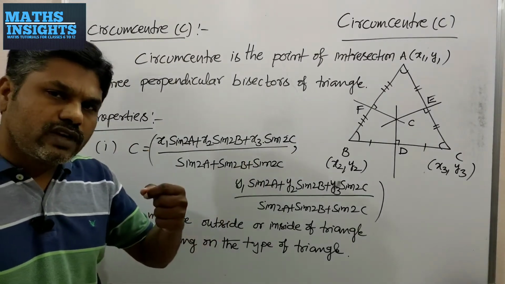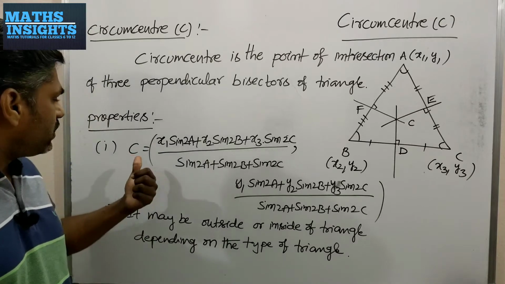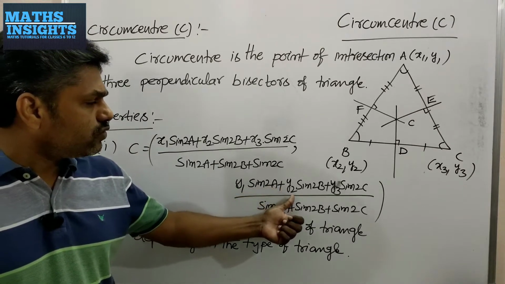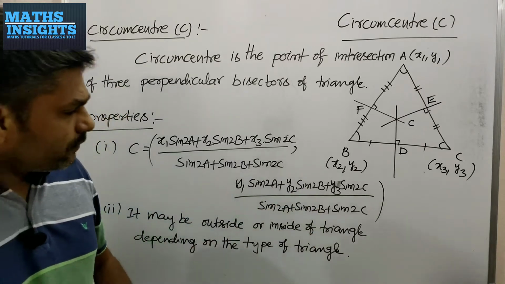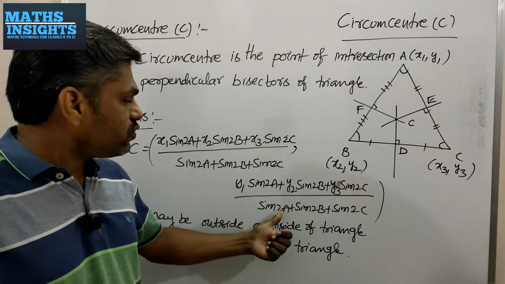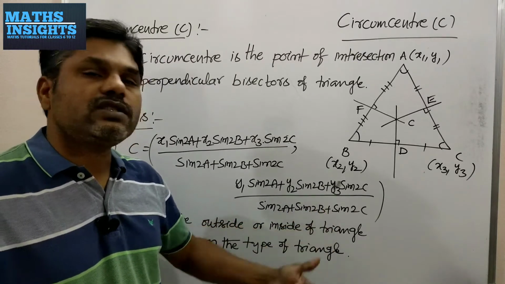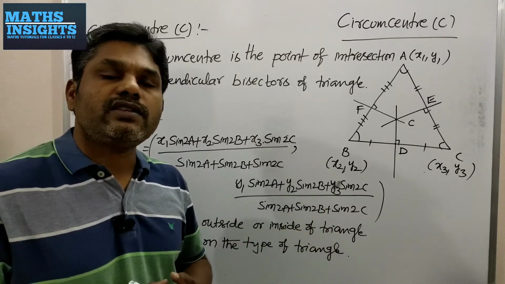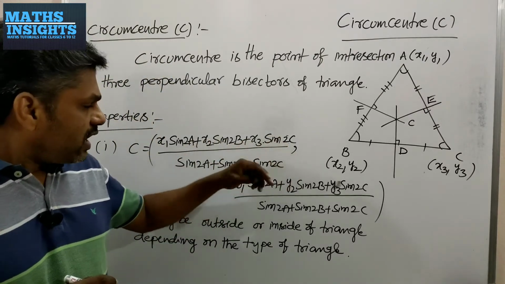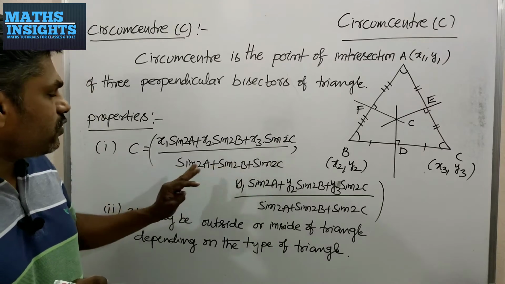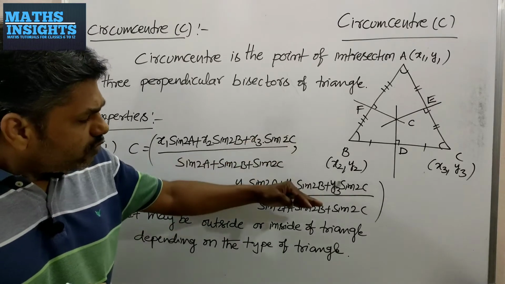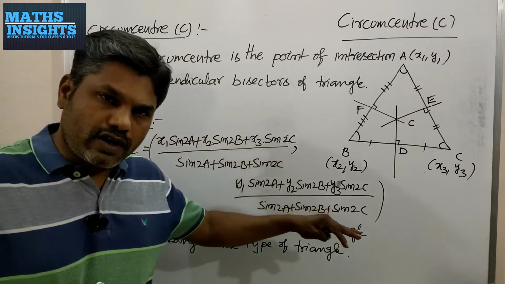Similarly, if you want the y coordinate of the circumcenter, it is y1 into sin 2a plus y2 into sin 2b plus y3 into sin 2c, divided by sin 2a plus sin 2b plus sin 2c. It is very easy to remember: sin 2a, sin 2b, sin 2c in the numerator, and in the denominator we write sin 2a plus sin 2b plus sin 2c for both the x coordinate and the y coordinate.